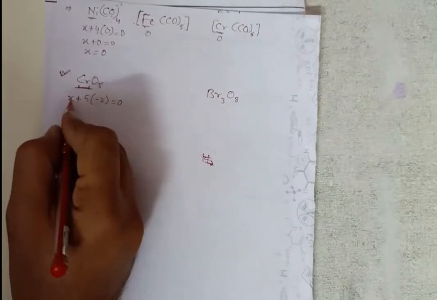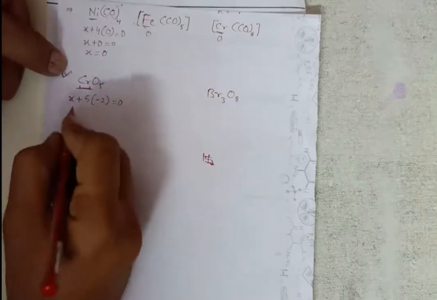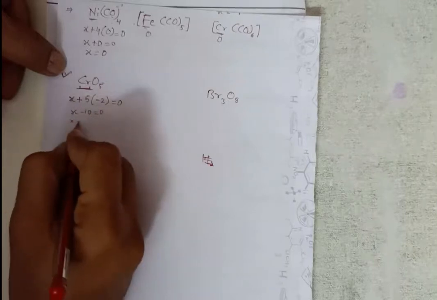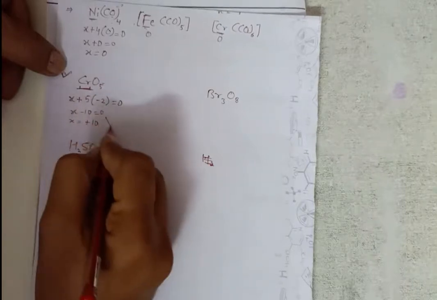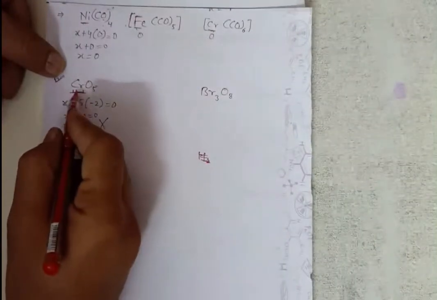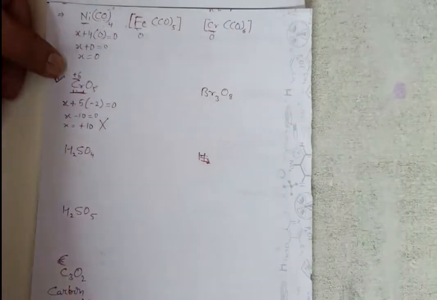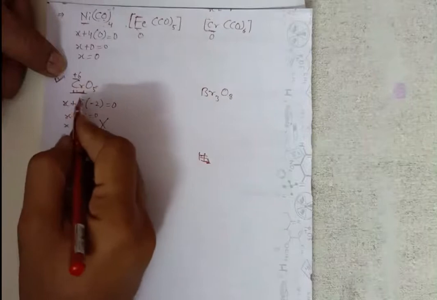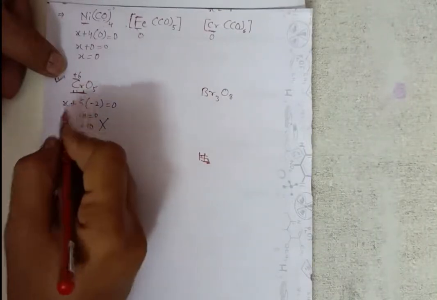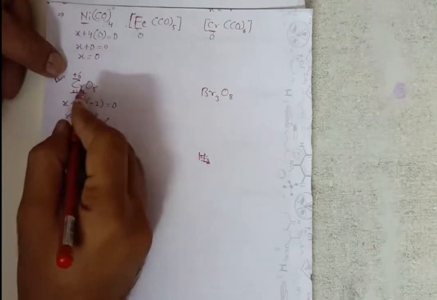Okay, X for chromium, 5 subscript for oxygen -1 equal to 0, then X minus 10 equal to 0, X will be equal to plus 10. This is totally wrong. Okay, the maximum oxidation number of chromium is +6, but here in this example if you find +10 then it is totally wrong. Then how to find the oxidation number of chromium in chromium pentaoxide?